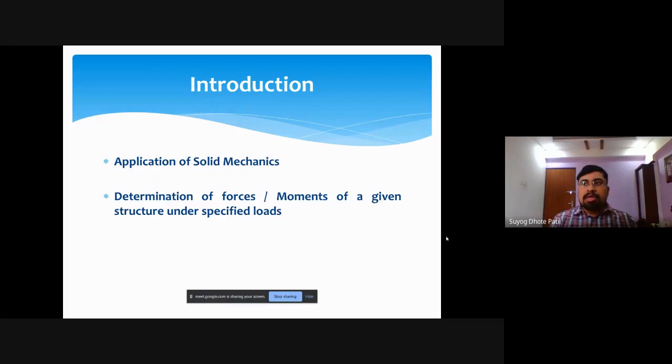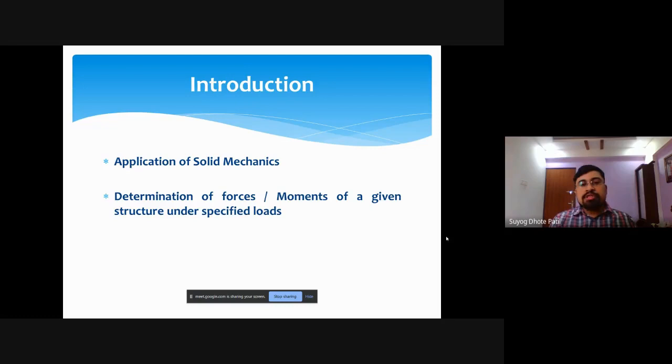If we consider a particular structure, in that structure we have some number of known forces and some number of unknown forces. The values of known forces we know, but the values of unknown forces we don't know.